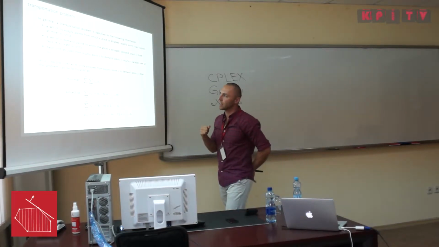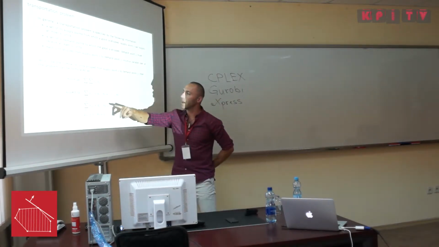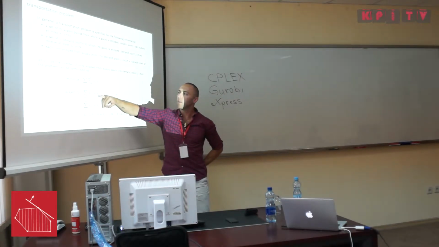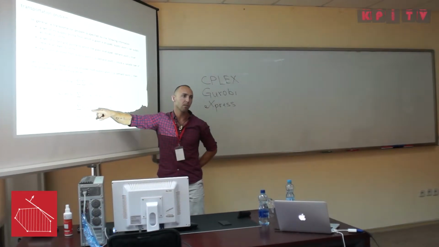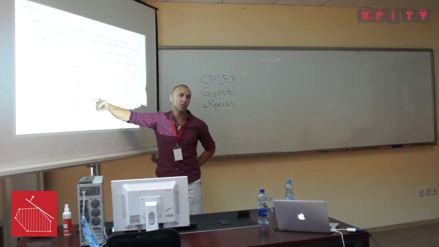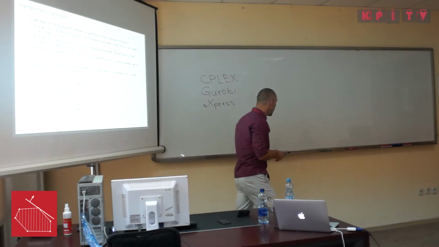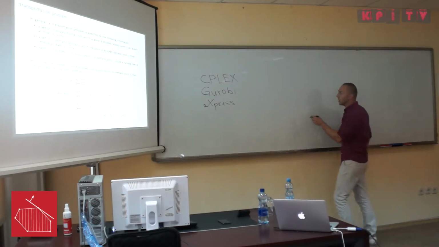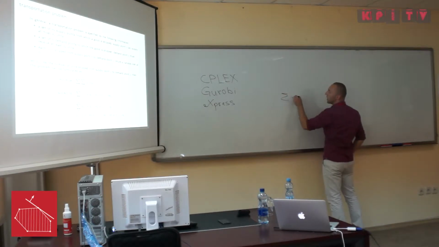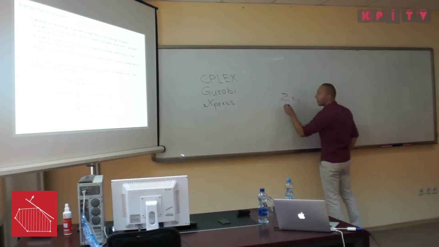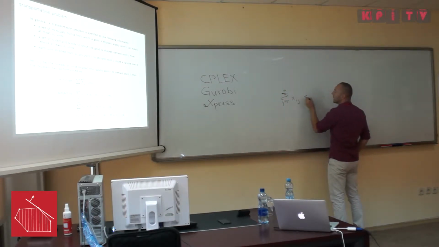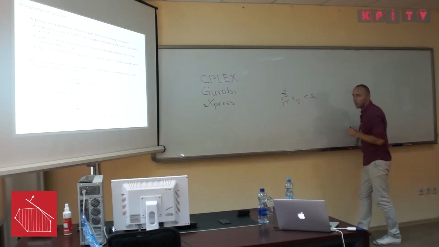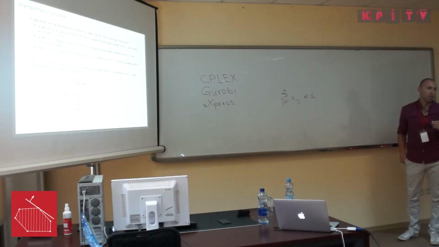So in the unbalanced case, for example, where I have excessive supply, too much supply, and my demand is smaller, the total demand is smaller than the total supply, what I can do is replace the equality sign with the inequality. I can have the constraint be the sum of xij, where the j's go from 1 to n, less than or equal to si instead of the equality sign.